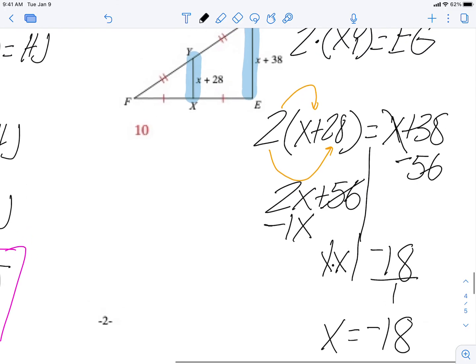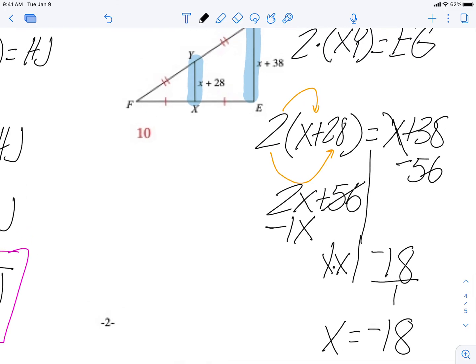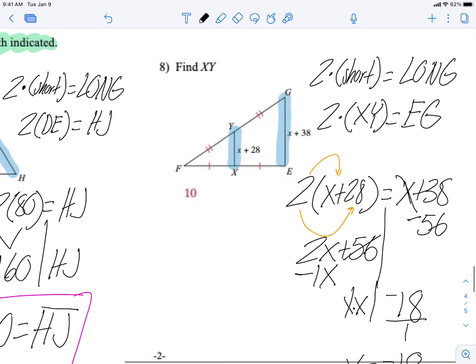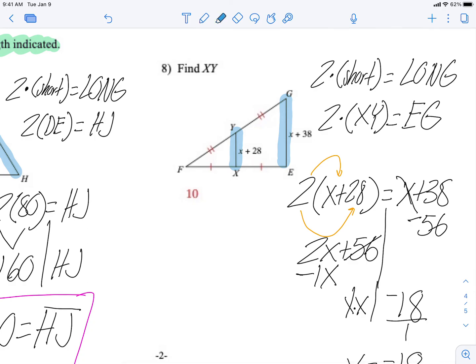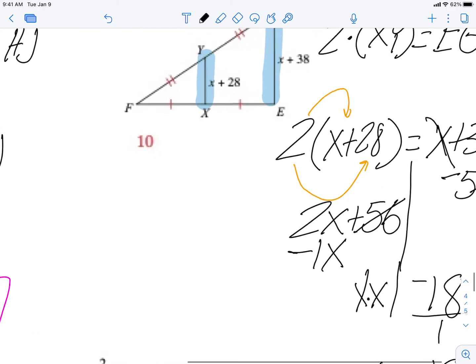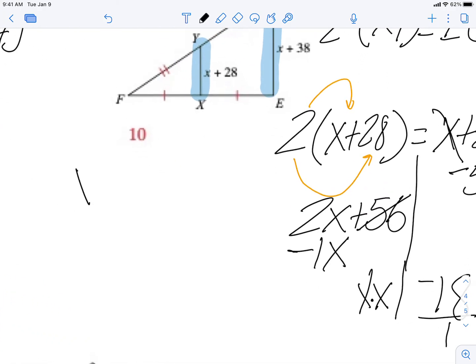But remember, what is this asking us for? This is asking for find xy. We need to find xy, and xy is x plus 28. So xy is equal to x plus 28.